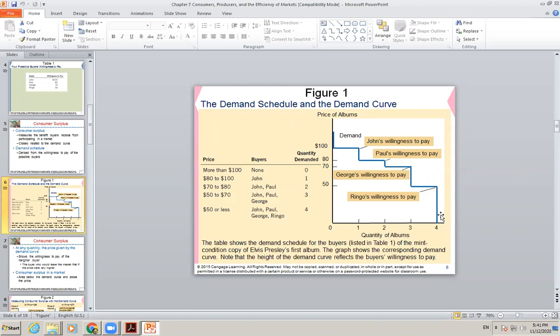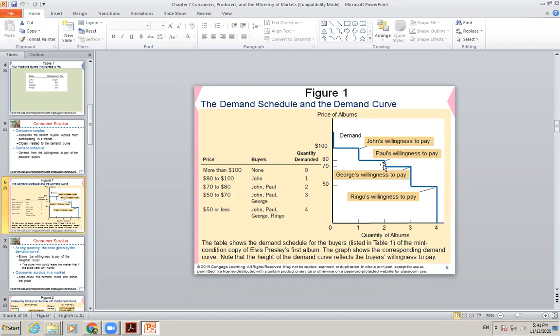Whatever price he pays in actual terms, he will get the consumer surplus up to 100, like from 80 to 100, okay? From 80 to 100. John and Paul are willing to pay $80 maximum to buy 2 albums, okay?